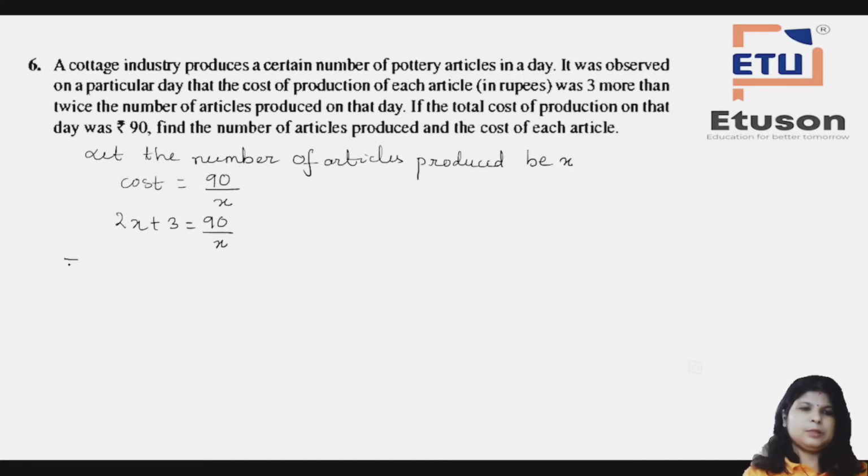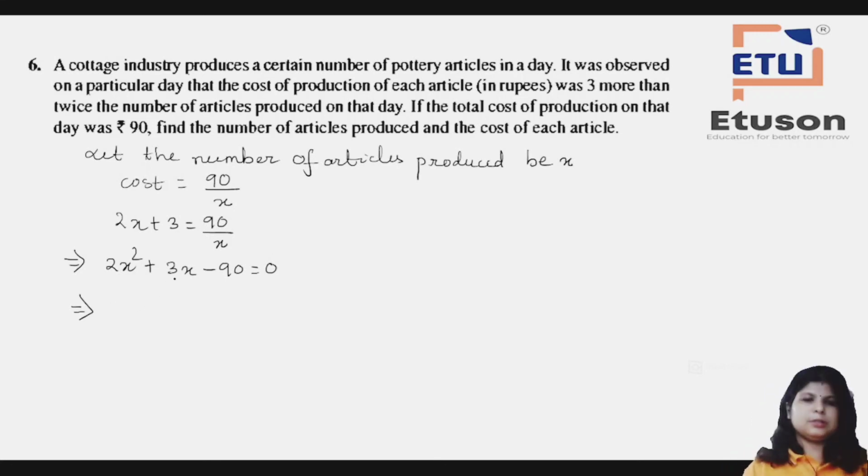So now let us bring it to a quadratic equation. So it is equal to 2x square plus 3x minus 90 is equal to 0. Correct or not? Now the product is minus 180 and the summation is plus 3. So I can split the middle term like this: 15x minus 12x.